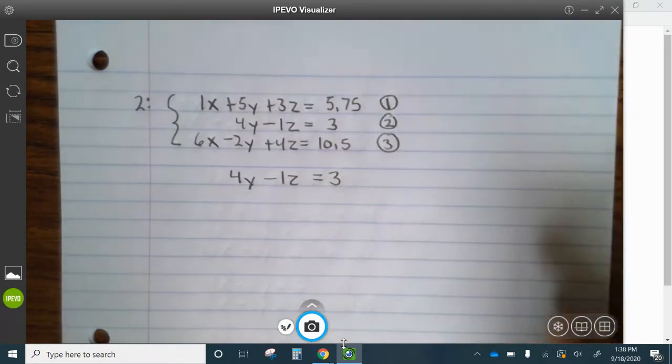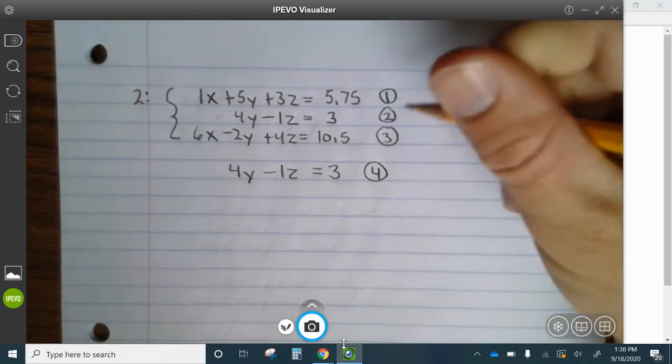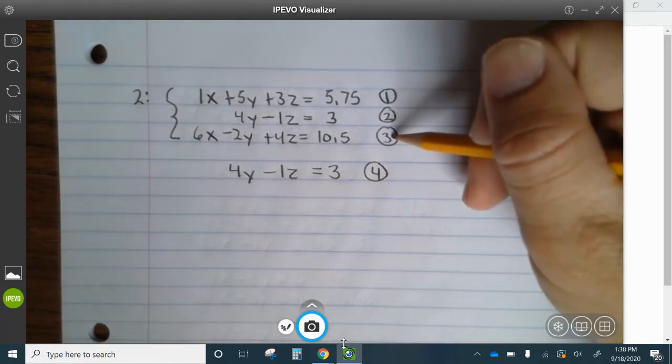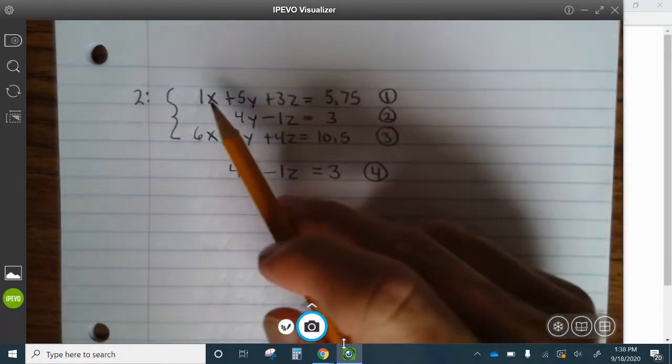Now we need to combine equations 1 and 3 to eliminate the x value. So if we multiply equation 1 by -6, -6 and 6 will cancel. So let's multiply 1 by -6.